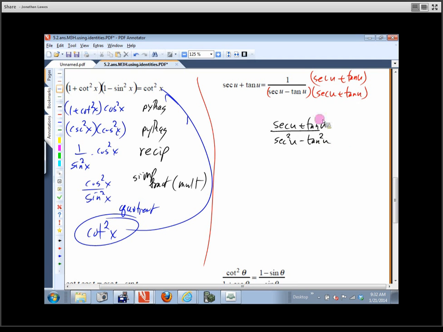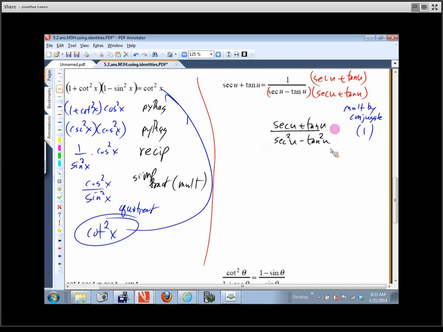And the rationale for going from here to here is we multiplied by the conjugate, which is just multiplying by a 1. It's a legal algebraic move in order to get that into something that we can now manipulate.